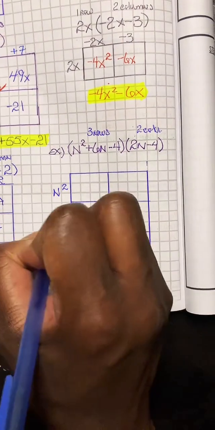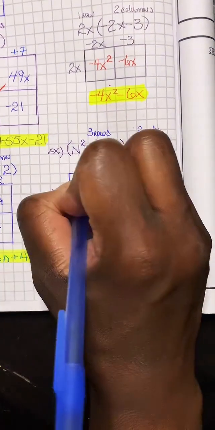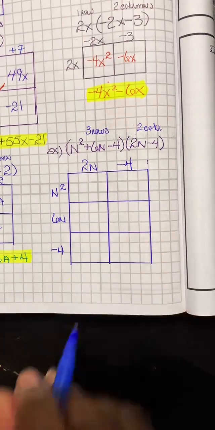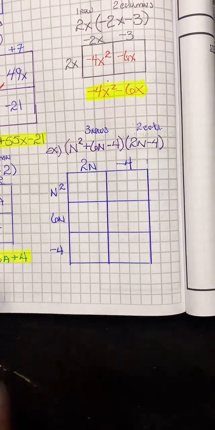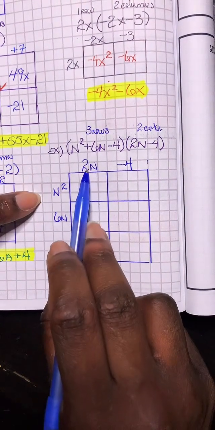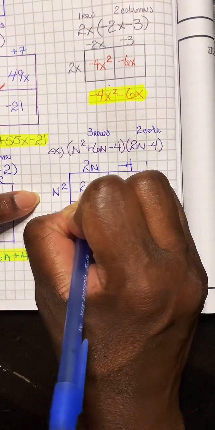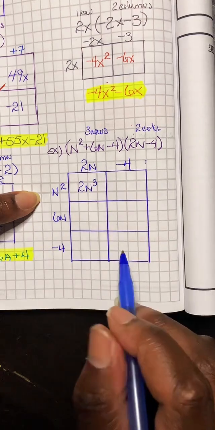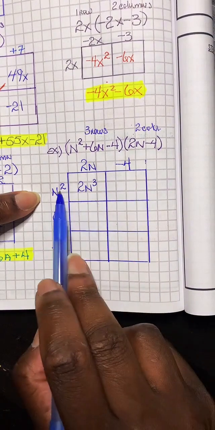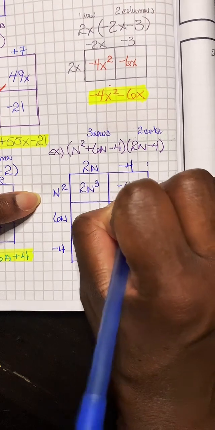So we have n squared plus 6n minus 4. Then we have 2n minus 4. Okay, so we have 3 rows, 2 columns. To fill this box, we have 2n times n squared. So that gives me 2n cubed. To fill this box, we have negative 4 times n squared. So this gives me negative 4n squared.